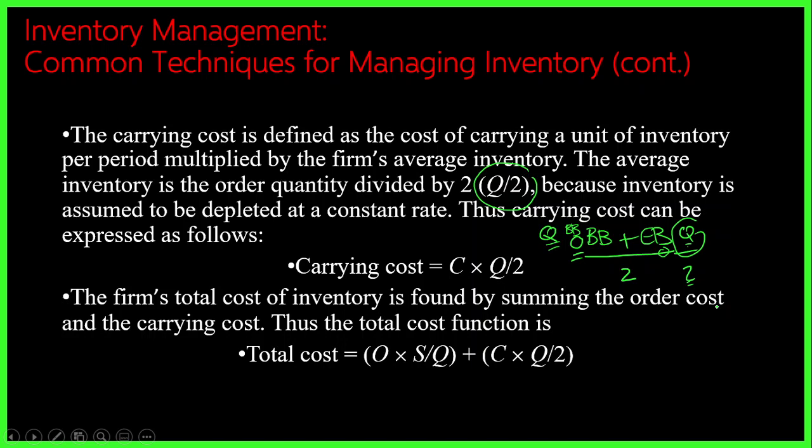Now, because inventory is assumed to be depleted at a constant rate, thus, carrying cost can be expressed as follows. Ano ulit ito? This is your average inventory times the carrying cost. Normally, it's stated on a per unit basis. Now, the firm's total cost of inventory is simply adding the 2. Ano po ulit ito? This is now your ordering cost, and this one, this is your carrying cost.